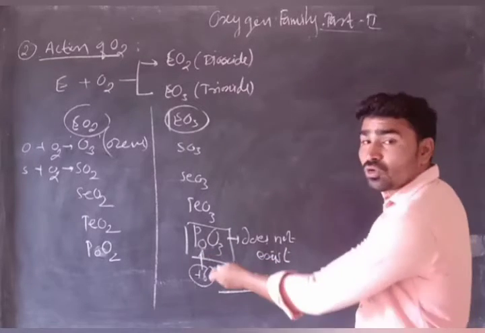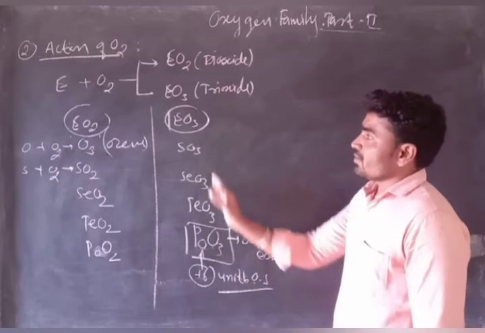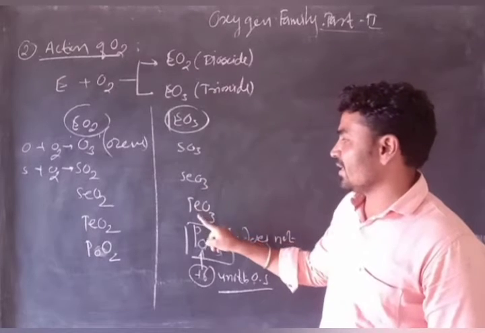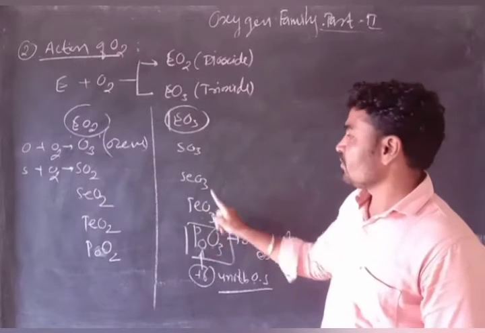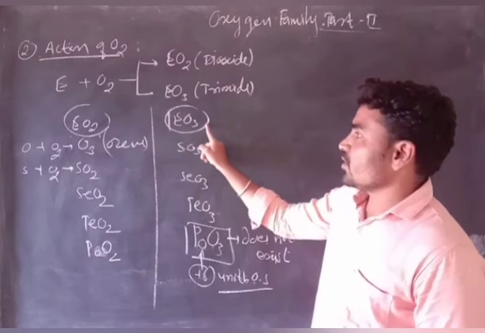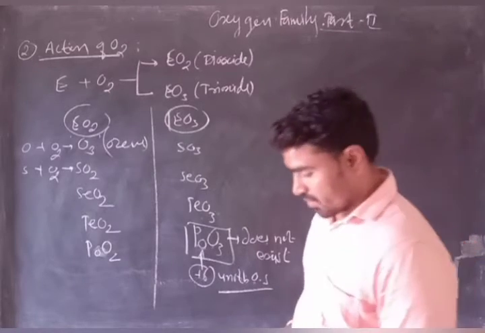That's why polonium trioxide is not formed. So only sulfur trioxide, selenium trioxide, and tellurium trioxide will be formed in this case. Such are the dioxides and trioxides of the oxygen family.